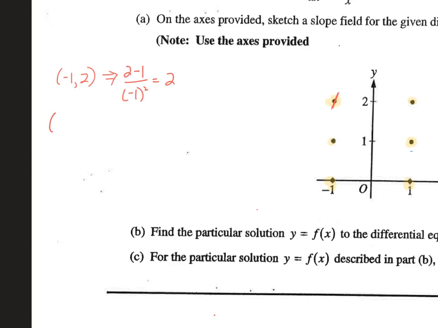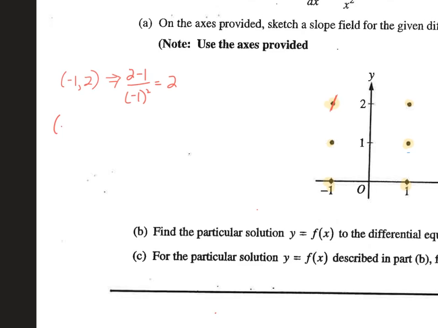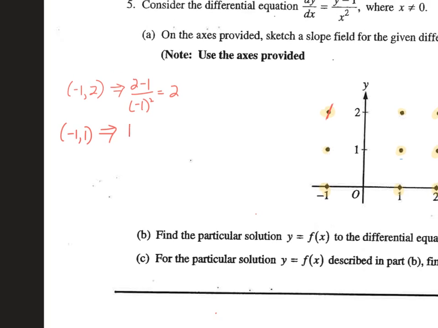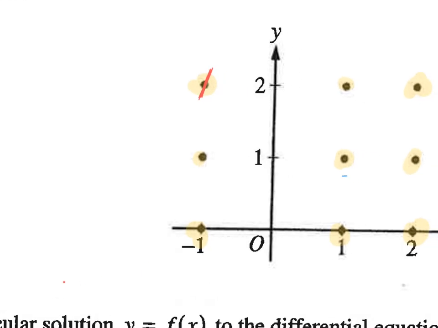Let's look at -1, 1. Using the same process, we'll plug in 1 minus 1 over -1 squared. This time we get 0 as our value, which means my slope here would have a horizontal segment of 0.